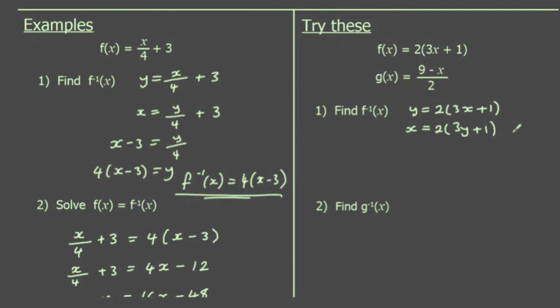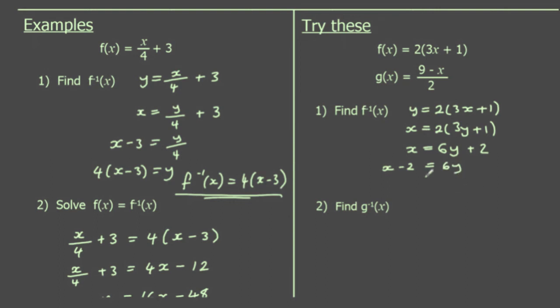So now we want to make y the subject of the formula. I am going to expand this bracket first, so 2 times 3y is 6y, and 2 times 1 is 2. Now I am going to take away 2 from both sides.